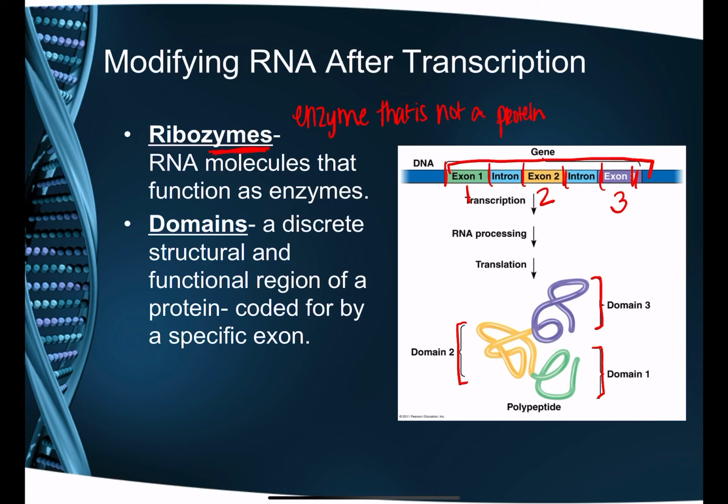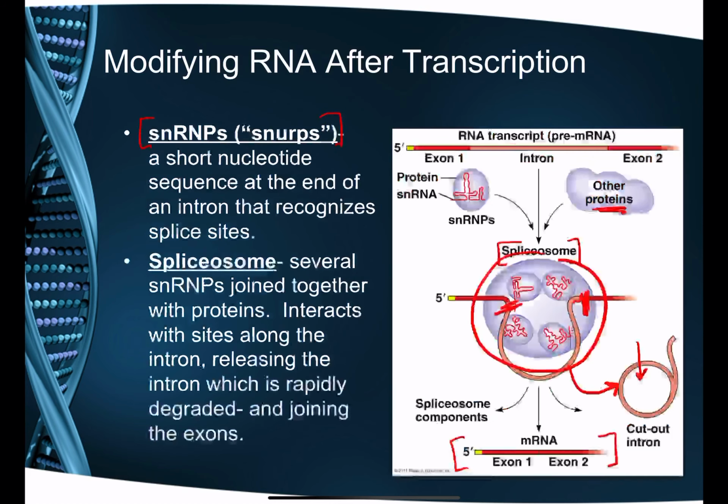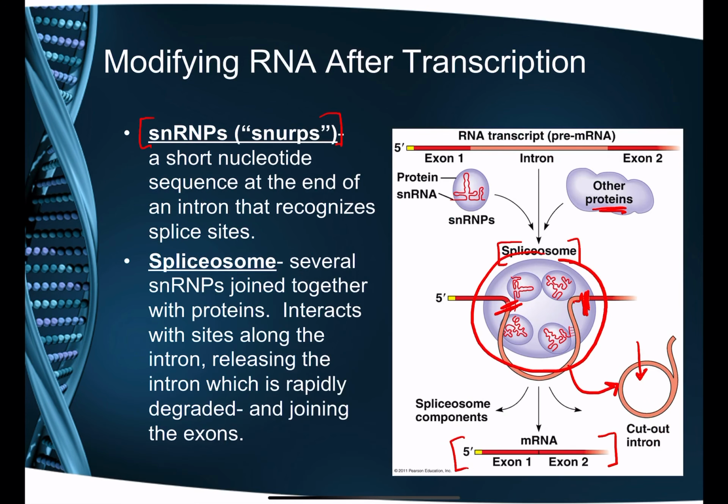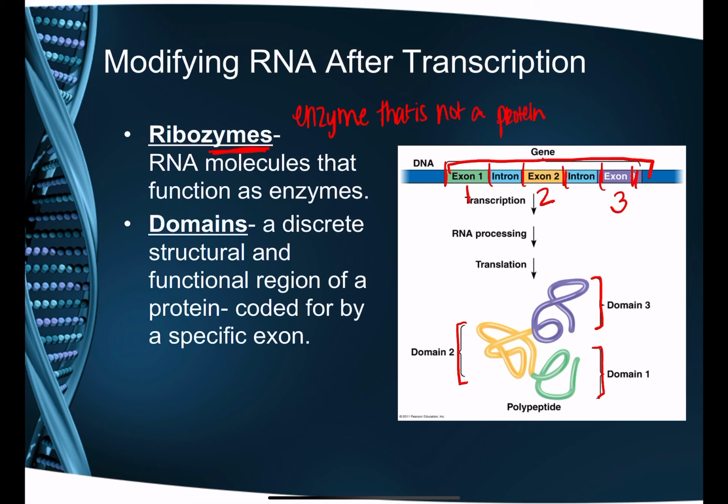They're separated by introns. And so that's what we have here. We have a domain 1, a domain 2, and a domain 3. And they can be coded for in one gene and make up one functional polypeptide, okay? So it's a piece of a protein coded for by a specific exon or a specific portion of a gene.